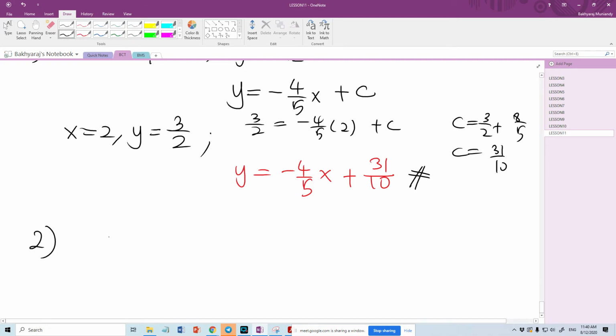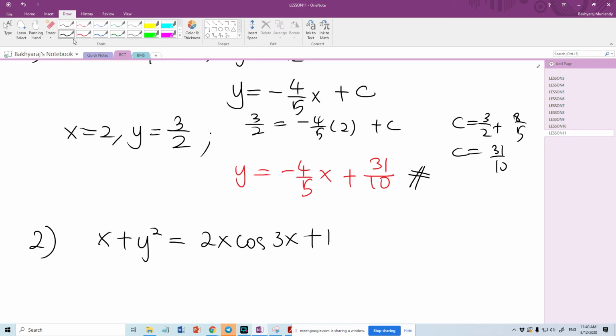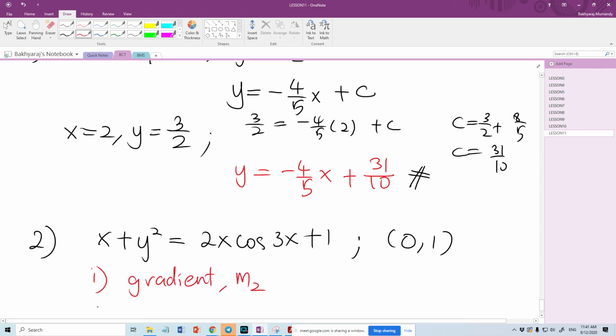Okay, I want to give you x plus y square equal 2x cos 3x plus 1 for the coordinate of 0 1. Okay, get the gradient of m2. Okay, gradient m2 and get the normal equation. Cuba cari gradient and also your normal equation. Cuba dapatkan ni.